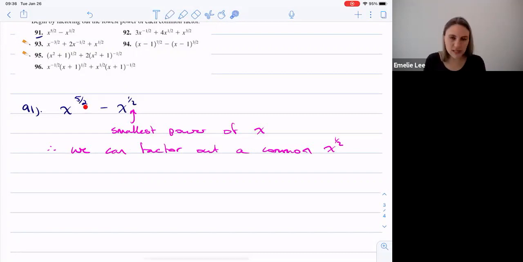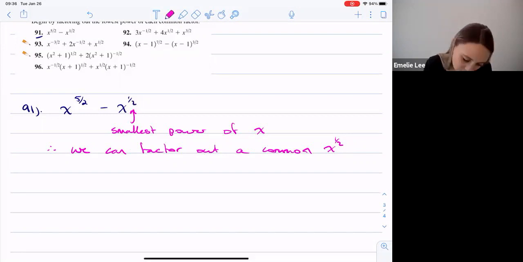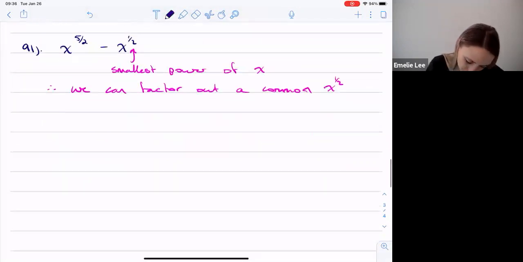Okay, so we need to remember exponent laws, right? Exponent laws say that I can split this thing up, x to the 5/2, into x to the 1/2, which is what I'm trying to pull out, times x to the power of something, right? So I need to figure out what 5 over 2 minus 1/2 is.